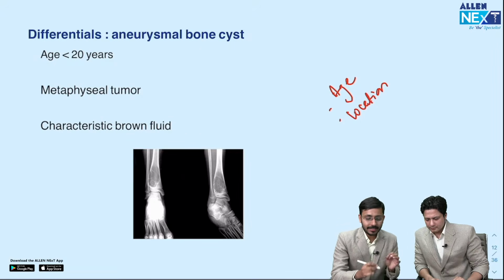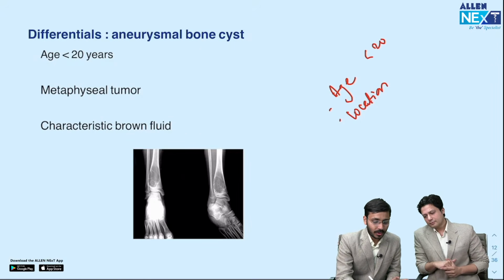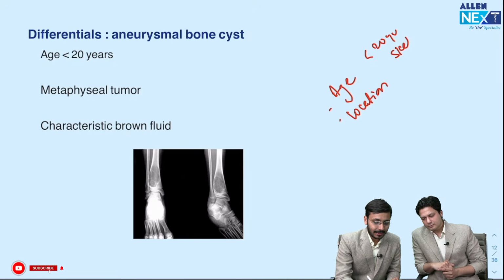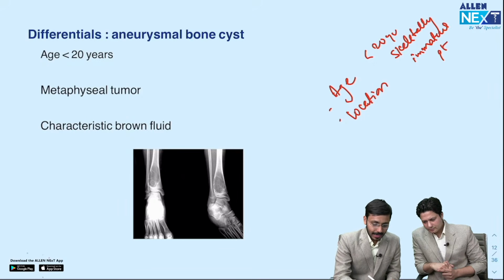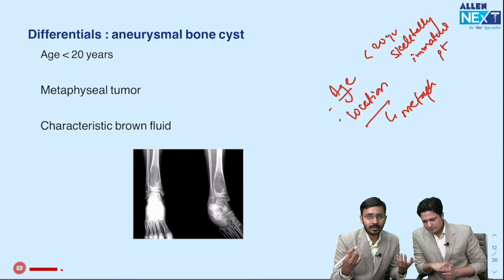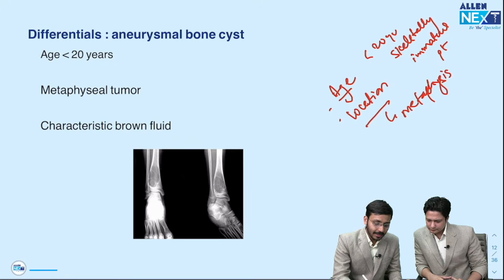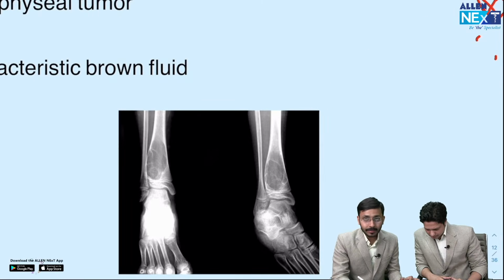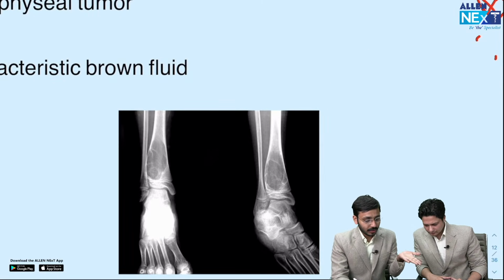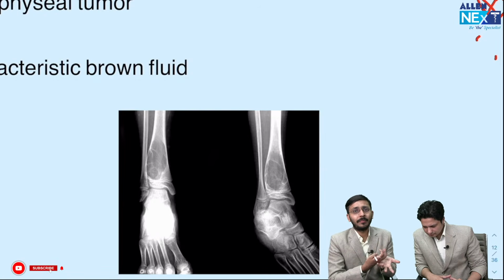Okay, if the age is a young child, less than 20 years, or a skeletally immature patient, and the location is metaphysis, then it is an aneurysmal bone cyst, as simple as that. Both of them are benign, so they will not cross the cortical breach, they will not erode the bone, and there won't be any soft tissue component or any aggressive periosteal reaction.